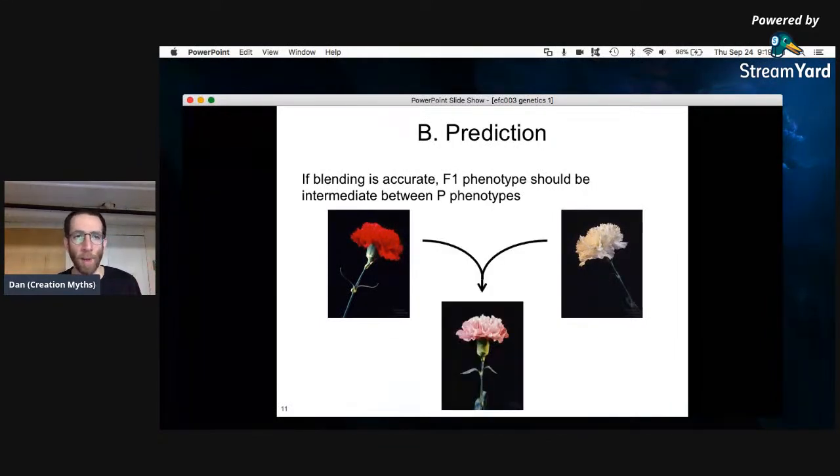Right, so that's what we'd expect with blending. Or if it's purple and white, you expect light purple. If it's tall and short, you expect intermediate height. You expect the offspring traits to be somewhere in the middle. And then in subsequent generations, you don't expect the P generation traits to reappear because once you mix them, you can't unmix. That's what we predict based on the blending hypothesis.